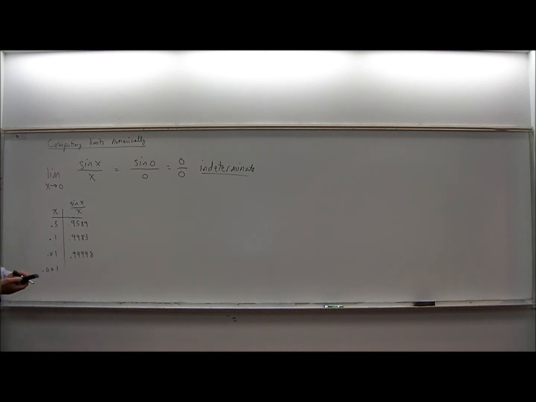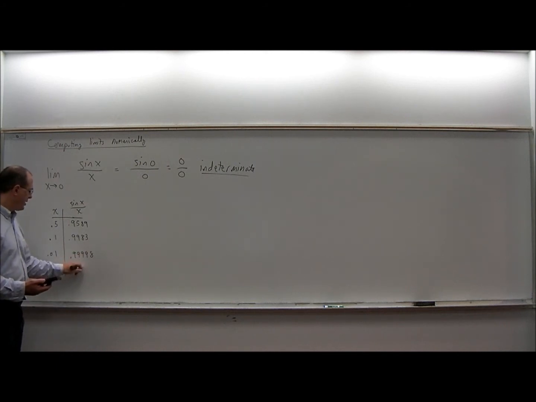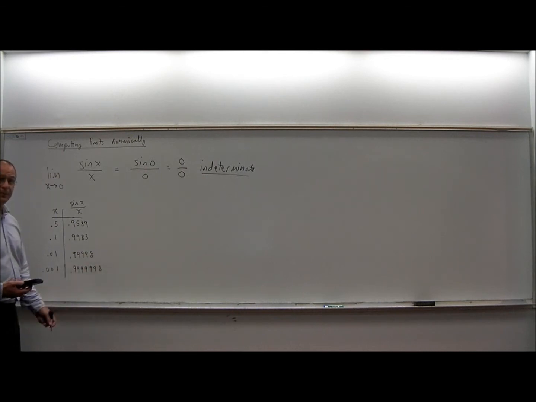0.001 for x. So I'm going to try the sine of 0.001 divided by 0.001. And I'm getting, how many nines is that? 2, 4, 6 nines and an 8: 0.9999998.